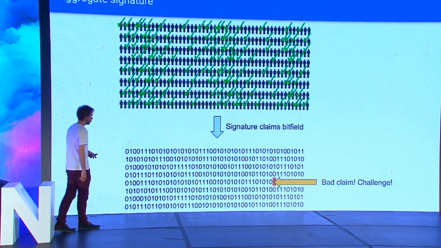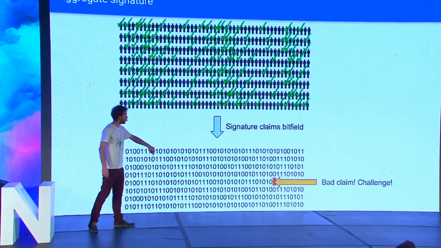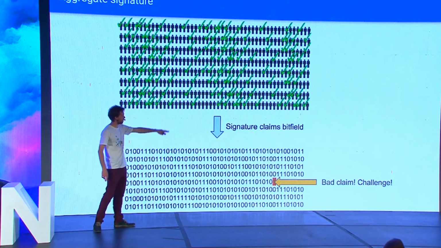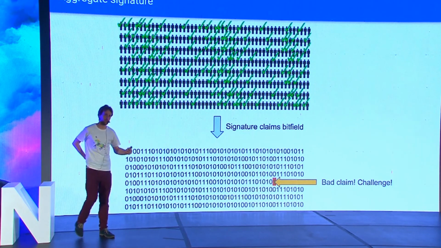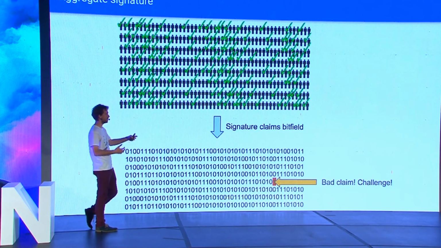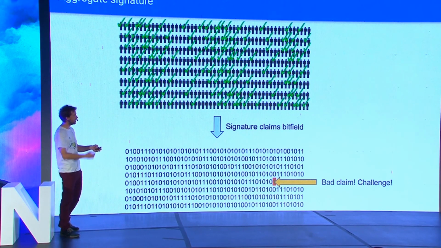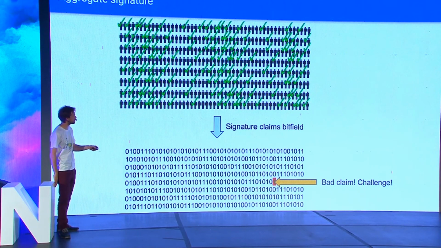And if a bad claim was made, then whichever notary corresponds to this bit can challenge, because the notary knows they haven't made the signature, and they can have the claimer be slashed. So that's a way to have more shards because we have less overhead on the signatures.